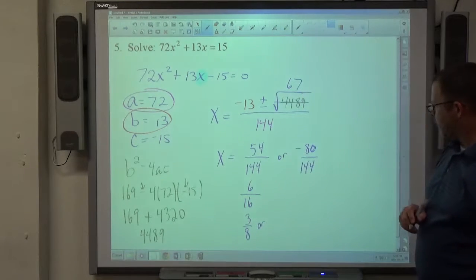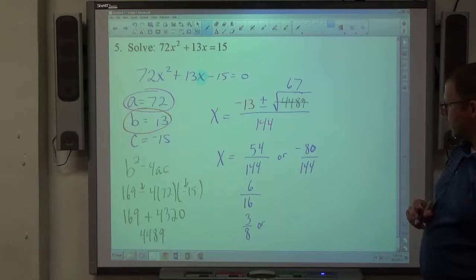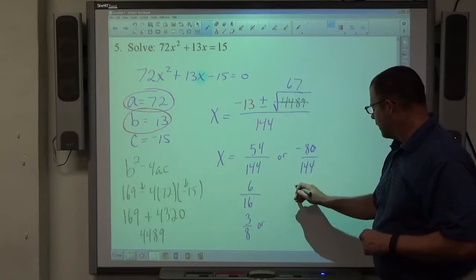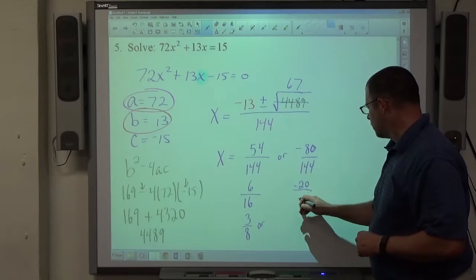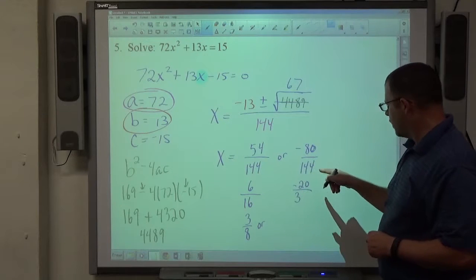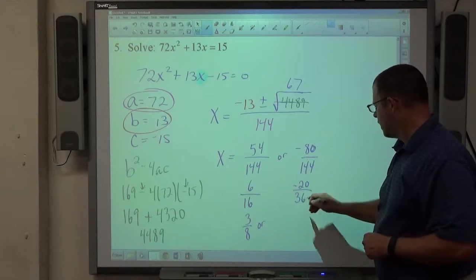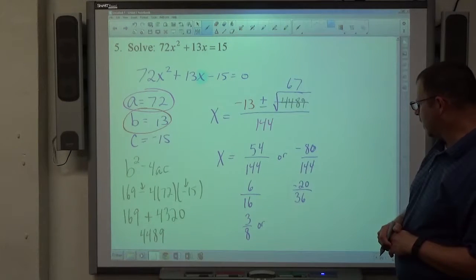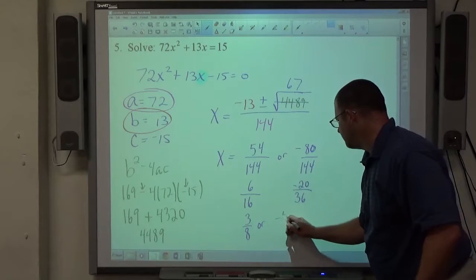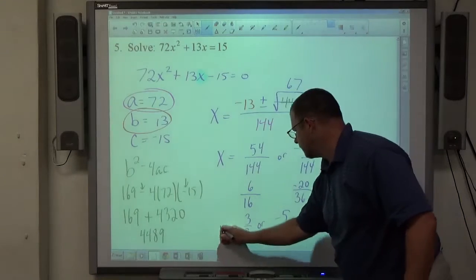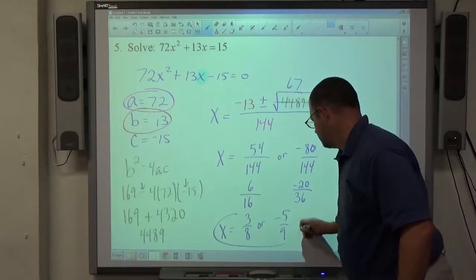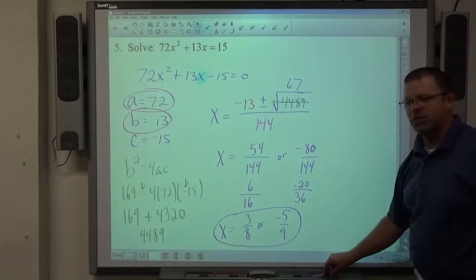And negative 80 over 144 reduces by 4 at least, down to negative 20 over 36. That reduces by 4 again, down to negative 5/9. So that'd be your two answers.